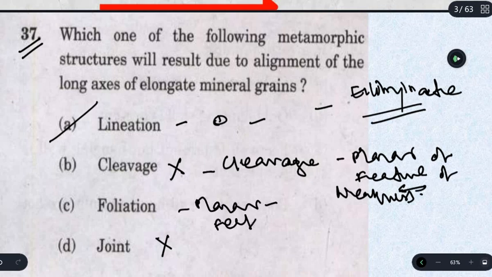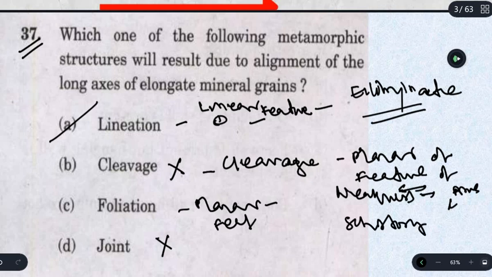Okay, but lineation is a linear feature, right? Yes or no? So cleavage is a planar feature which mostly occurs in which type of rock normally, whether it is a fine grain or coarse grain rock? Fine grain rock, right? If it is coarse grain, then schistosity would be reduced. Am I right or wrong?